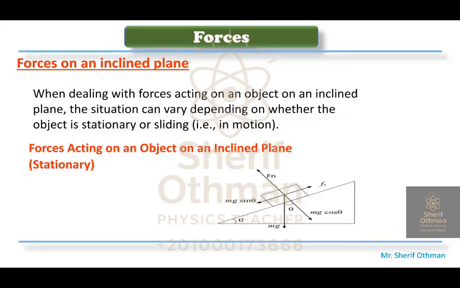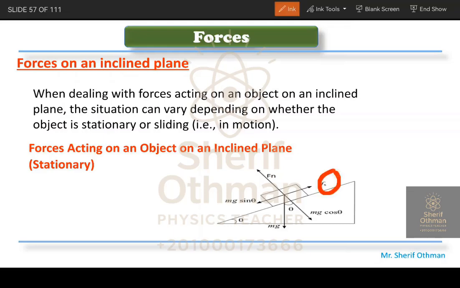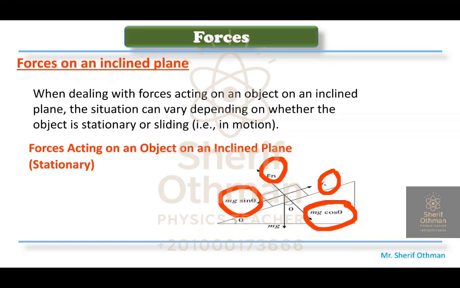Forces on an inclined plane. When dealing with forces acting on an object on an inclined plane, the situation can vary depending on whether the object is stationary or sliding. If the object is stationary, as we said, we have Fs, which is equal to mg sine theta, the component of weight in the x direction, and Fn, which is equal to mg cosine theta, the normal force and the component of the weight in the y direction.